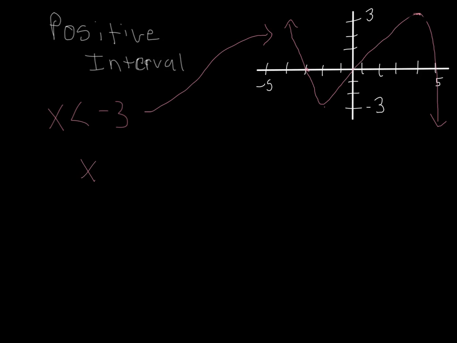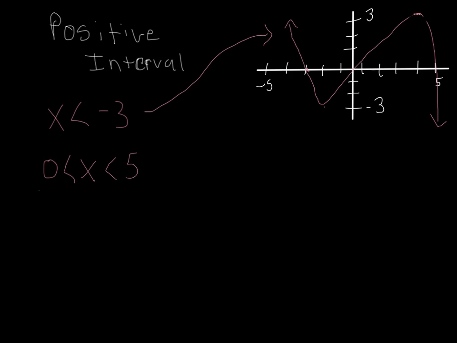So x has to be larger than 0. And that's because whereas x is 0, we want it to be larger than that value. But x has to be less than 5. And this part of the notation right here refers to this section of our graph. Notice it's all above the x-axis, which is our positive interval.